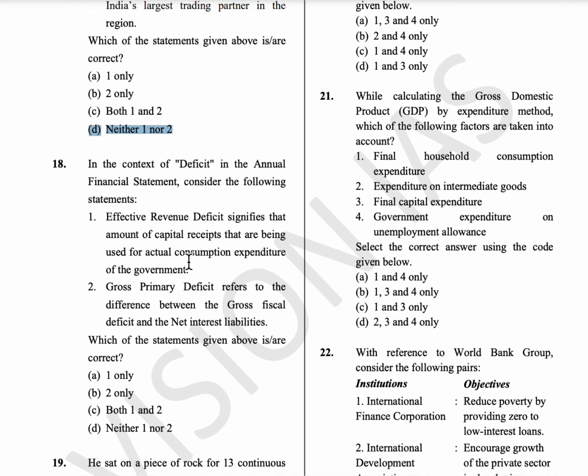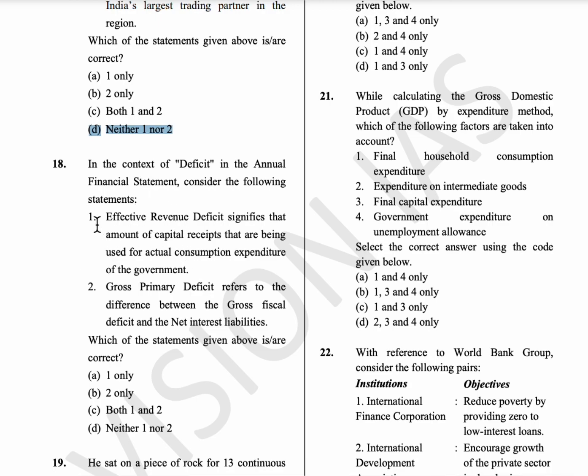18th question, in the context of deficit in the annual financial statement, consider the following statements. First we have to know the fiscal deficit. Fiscal deficit means if the government spending is more than the government's income, that is if the government spending is more than the government earning, then it is called fiscal deficit.